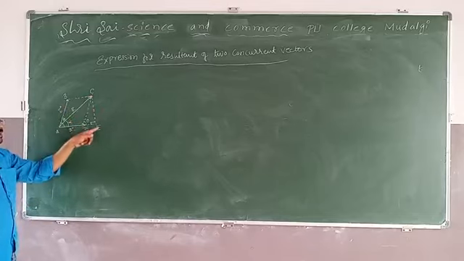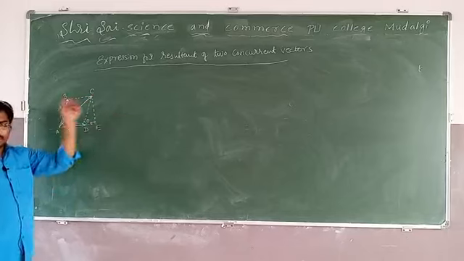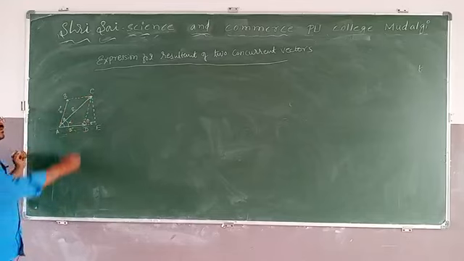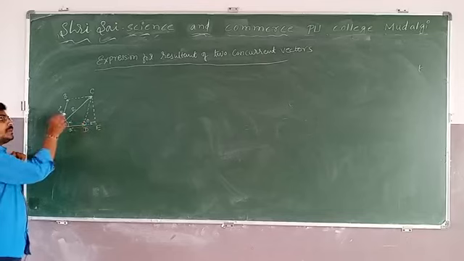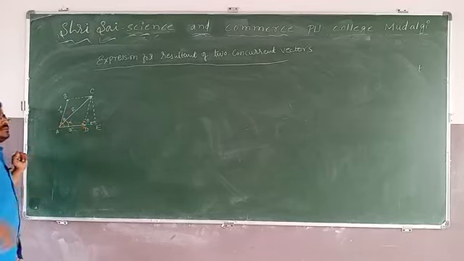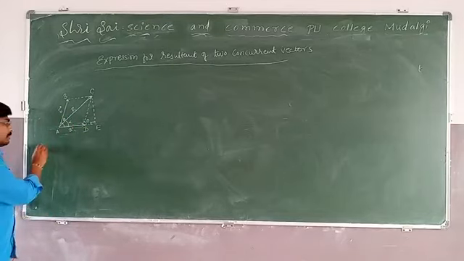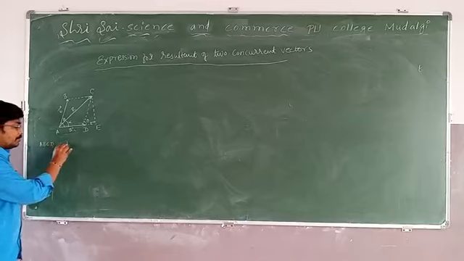If I draw a perpendicular line CE to the vector A, it makes the angle 90 degree. The angle between A and B is theta, so this must also have a theta value. ABCD is a parallelogram.